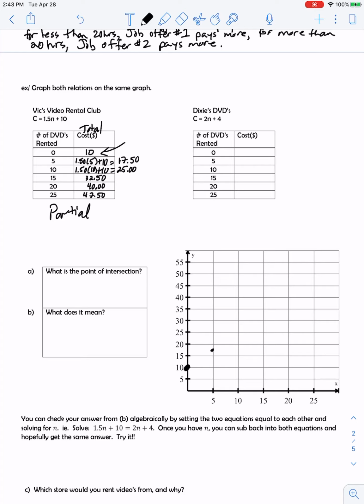And then 10 videos is going to be $25, and 15 videos is going to be $32.50, and 20 videos is $40, and 25 videos is $47.50. Okay, now it should be a straight line. If you don't get a straight line, you've done something wrong.